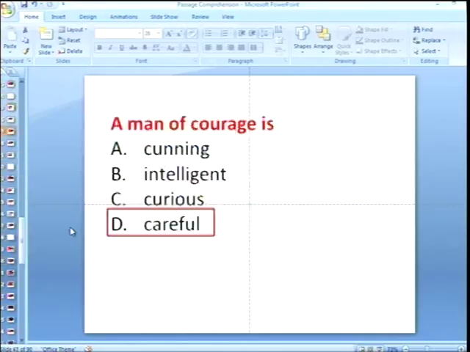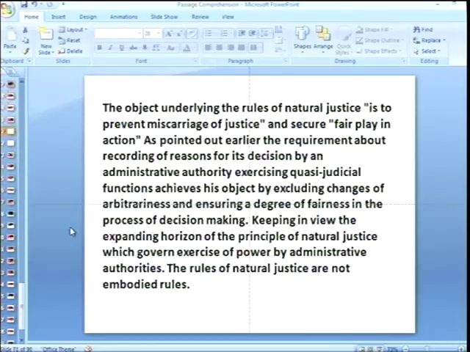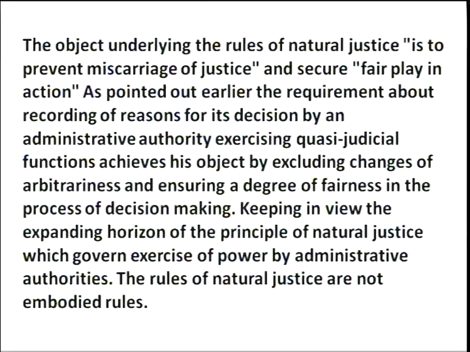So let me go back to our passage. I'm going to read this again and then we'll look at the question. The object underlying the rules of natural justice is to prevent miscarriage of justice. What do we mean by miscarriage of justice? Say, for example, a person is imprisoned for a murder, but the evidence says that he is innocent.